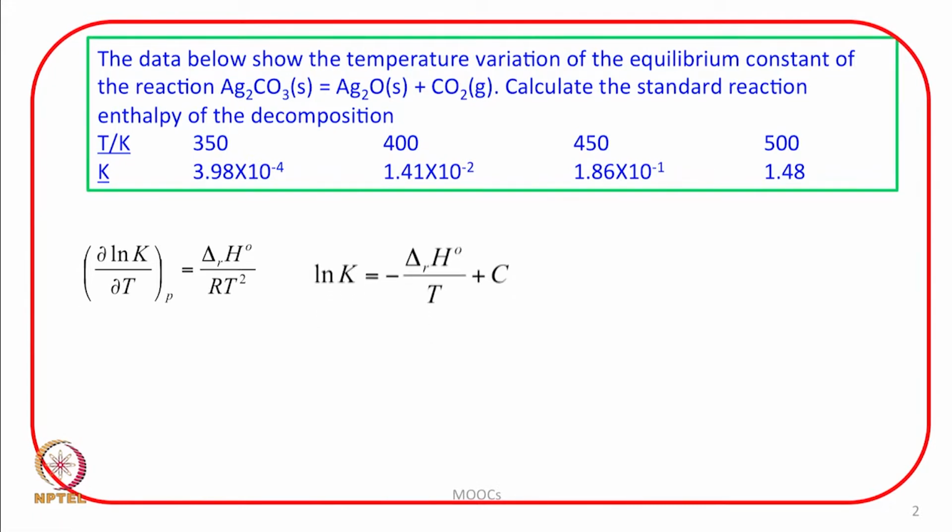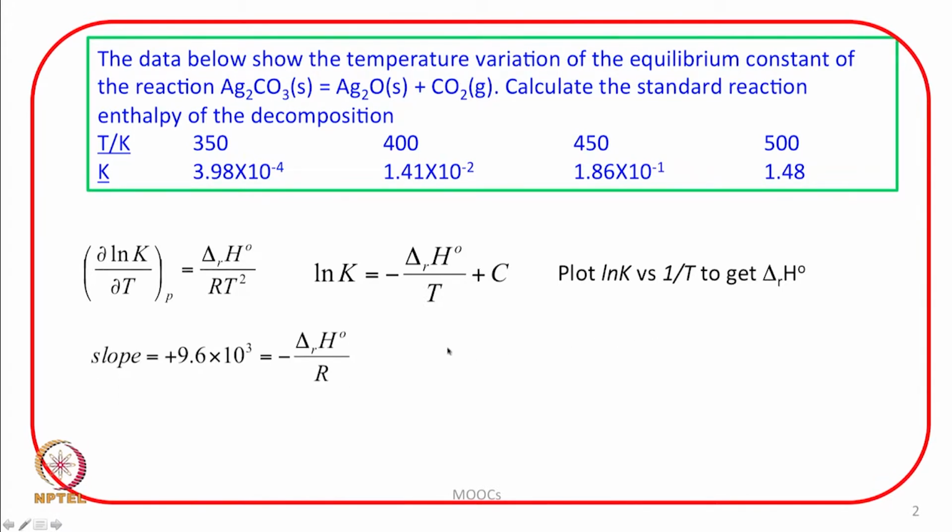And as I just discussed, an integrated form of this Van 't Hoff equation can be written as log k is equal to minus delta H naught by RT plus a constant. And we plot log k versus 1 by T to get delta H naught.